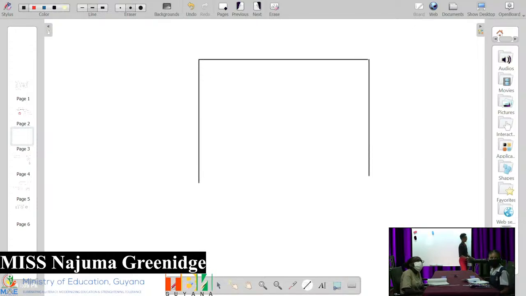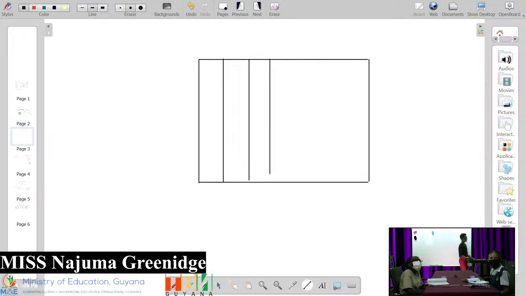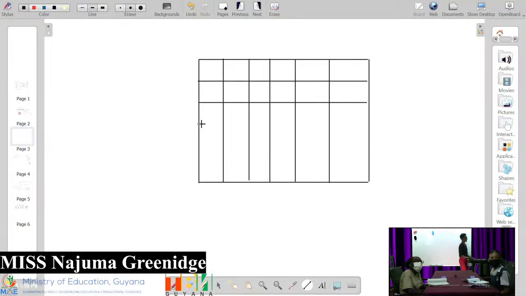Let me see if I can get it to you very quickly. You have a square divided up into 1, 2, 3, 4, 5 and 6, and 1, 2, 3, 4, 5 and 6. So that's a square, right?